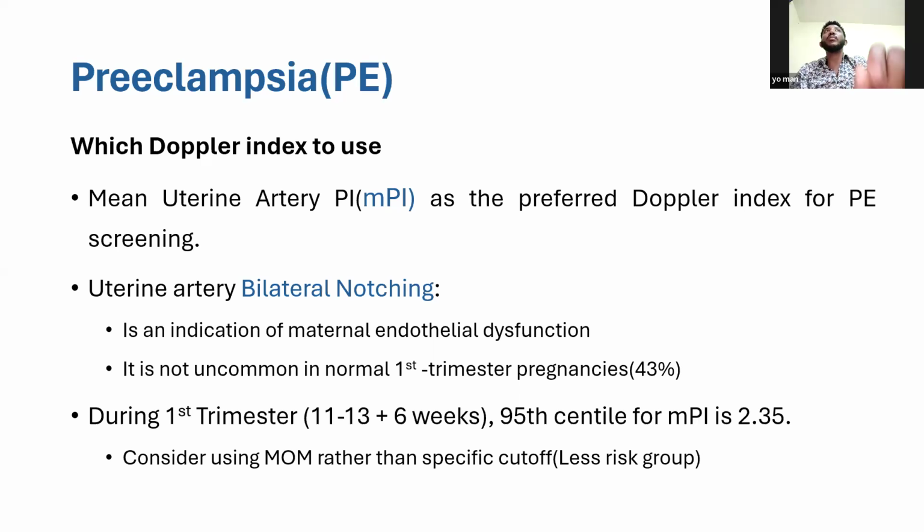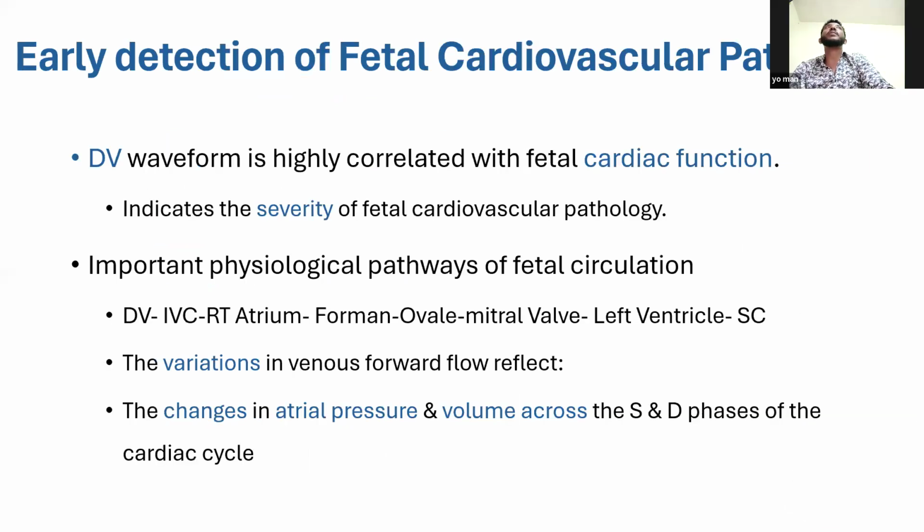The mean PI will be used, and there is a special nomogram you should see for the case of PE, okay? During the first trimester, the 95th percentile for mean PI is 2.35. If it is above, it indicates defective placentation.